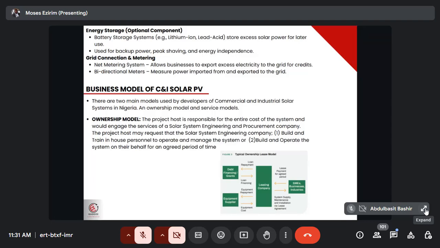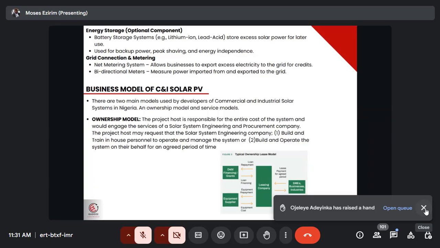What I mean by that is distributed generation. For example, I'm powering a bank. Let me assume that the energy that bank consumes every month is 100 kilowatt hours.